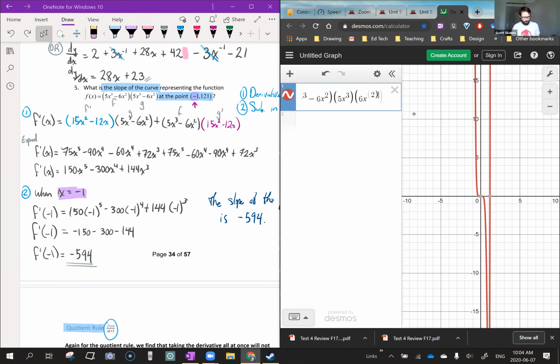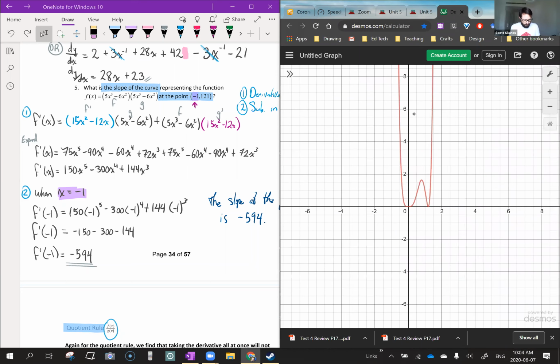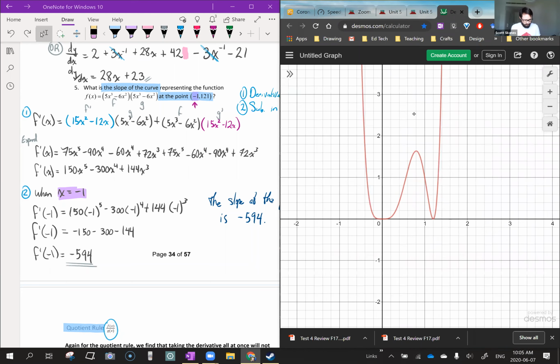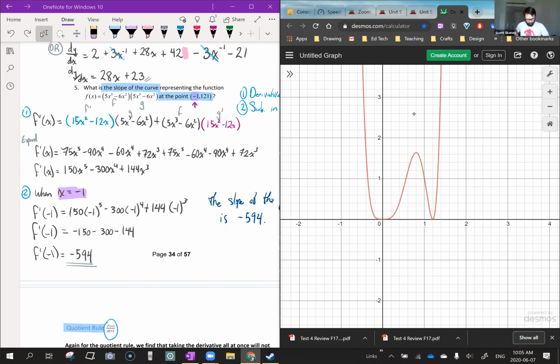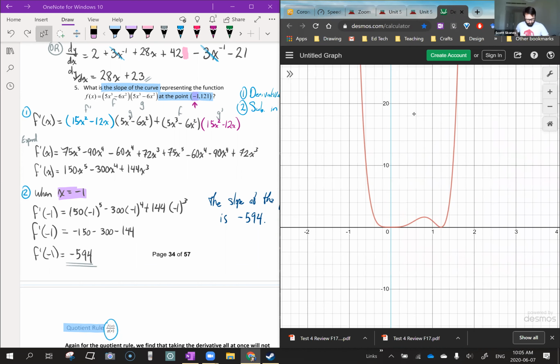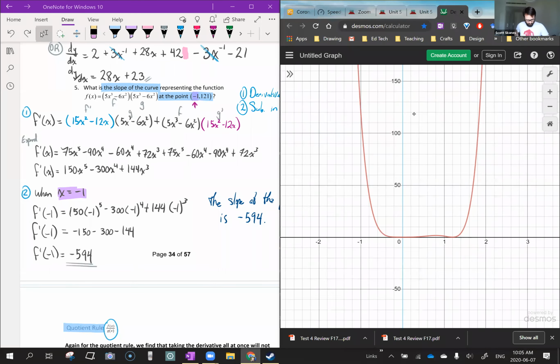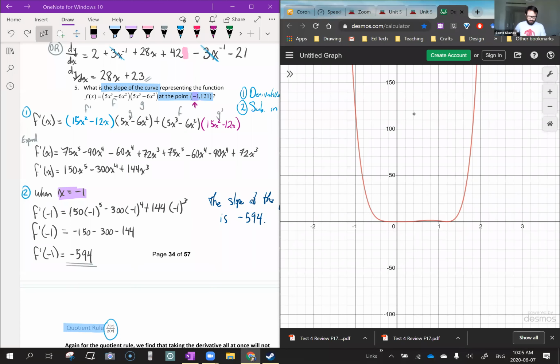All right, let's see, that doesn't look quite right. Is it right? Minus. So this is a crazy looking function. I'm going to squish it down a little bit so we can see what -1 would be. Okay, so this is our function.